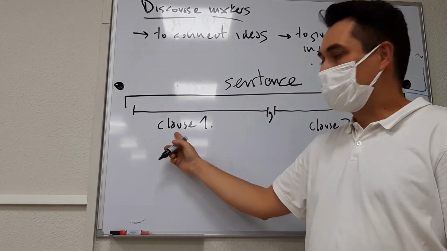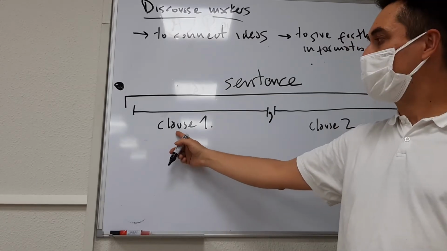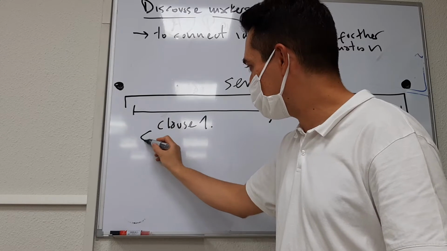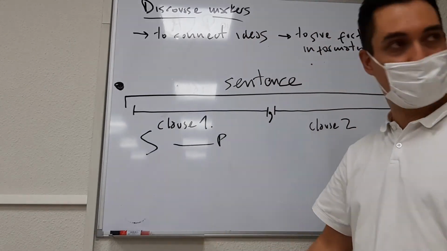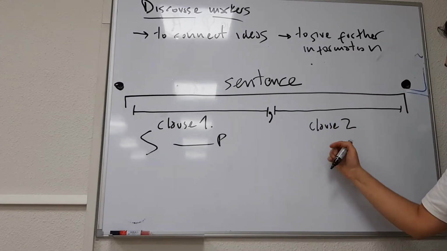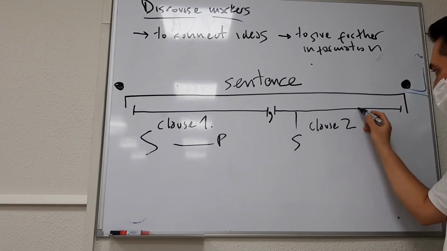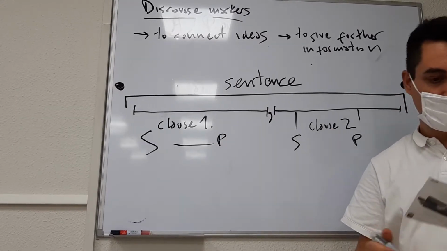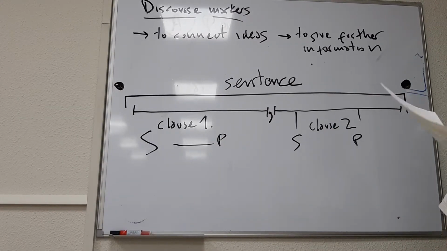What is the characteristic of a clause? A clause is a clause because the clause has a subject and a predicate. Yeah? Subject and predicate. And then the same thing here. It has a subject and a predicate. Clause 1, clause 2. Okay, so what can I do with discourse markers? I can join two clauses in a sentence.